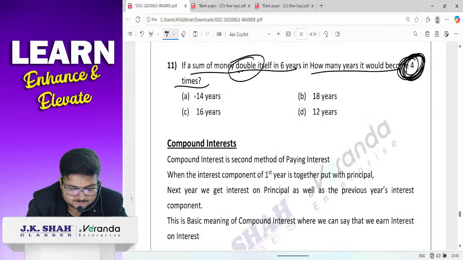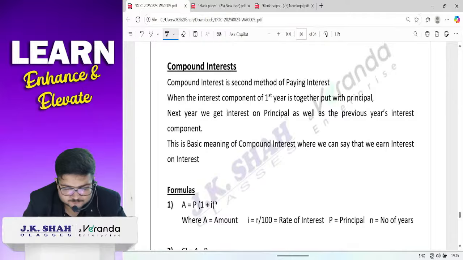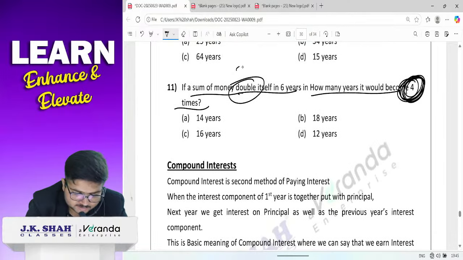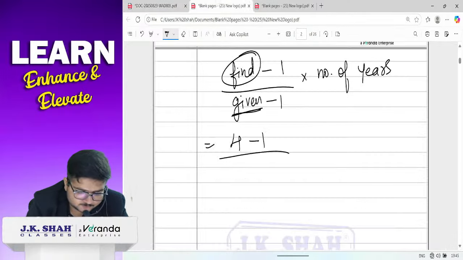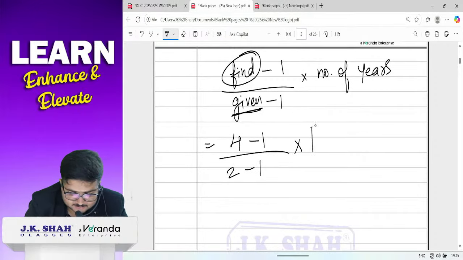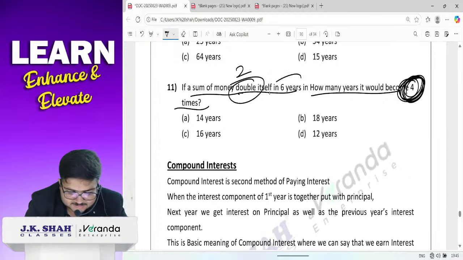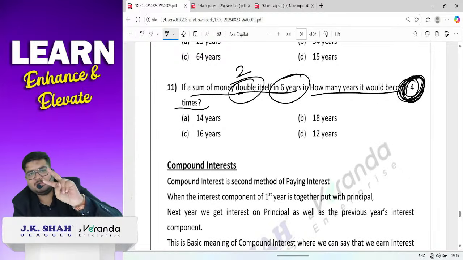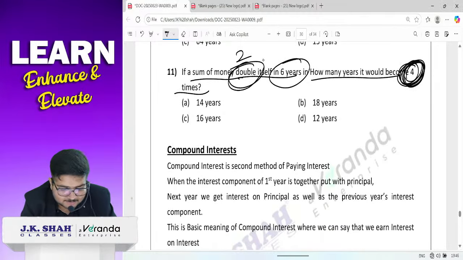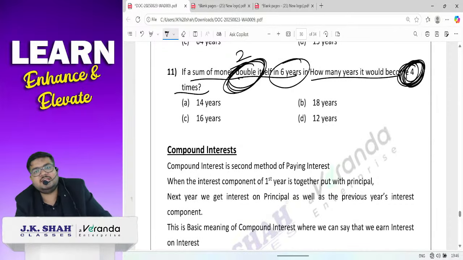Given is the value of double. Double means 2. So you have to put 2 in the given part, minus 1, into the number of years. The number of years is 6 years, as it doubles itself in 6 years. So given is not the 6 years; given is the double part. If they give you triple, then given will be 3.